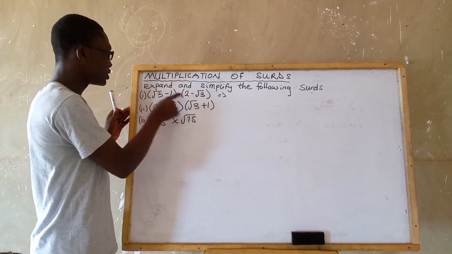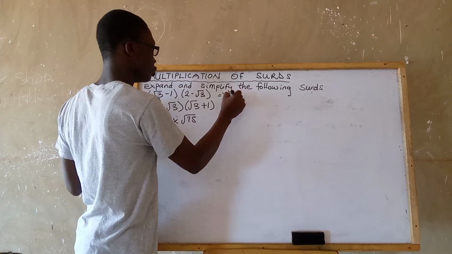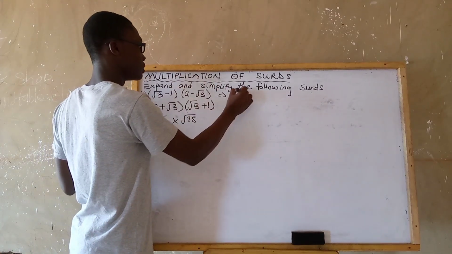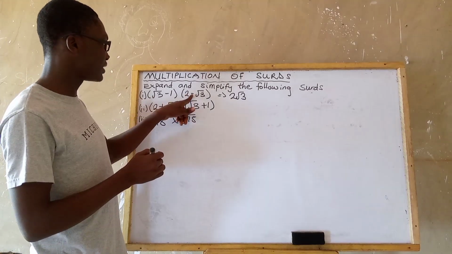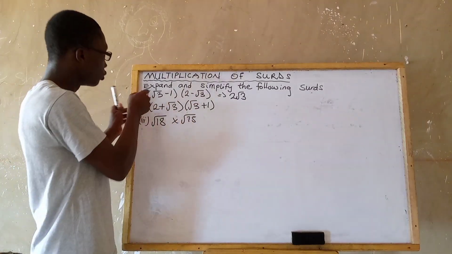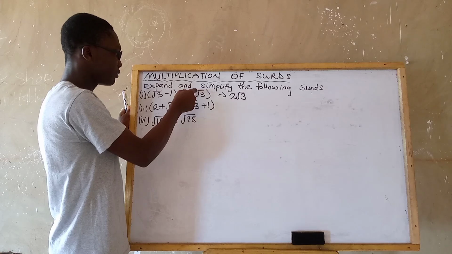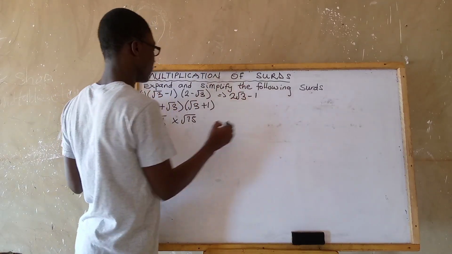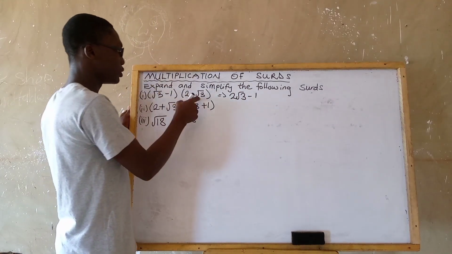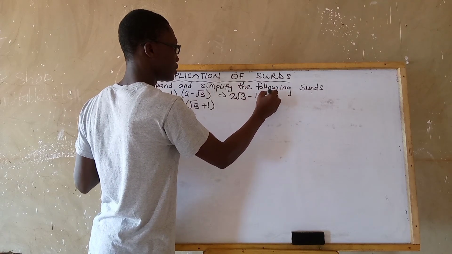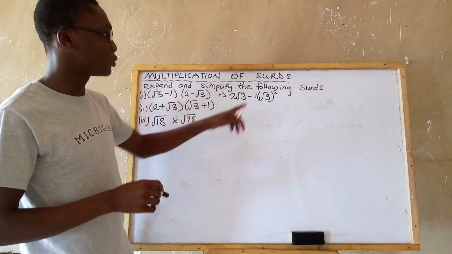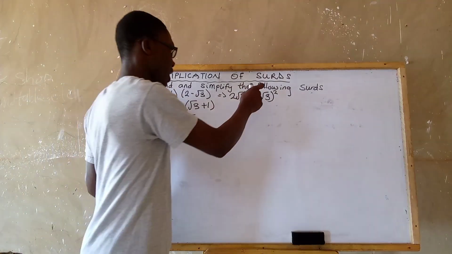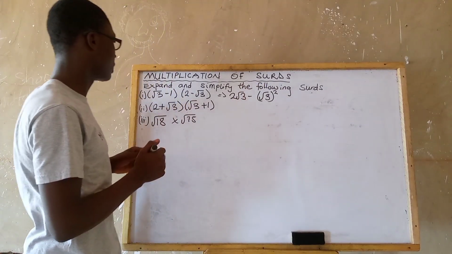So 2 times 1 gives 2, then add √3, and then √3 times negative √3. So 1 times negative 1 gives negative 1, and then √3 times √3 gives √3 squared. Remember that we don't write 1 with a root, so you can just omit the 1, then continue.